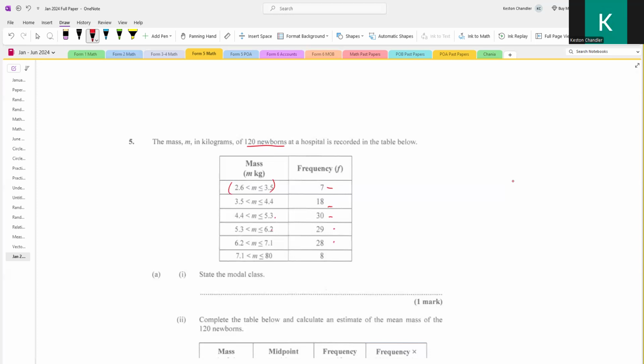Everybody understand now? If we add up all of these, it's going to add up to our 120 newborn babies. Now this is not easier, but a more structured way of collating the information for 120 newborns as opposed to writing out 120 weights. Raise your hand if you agree with that.